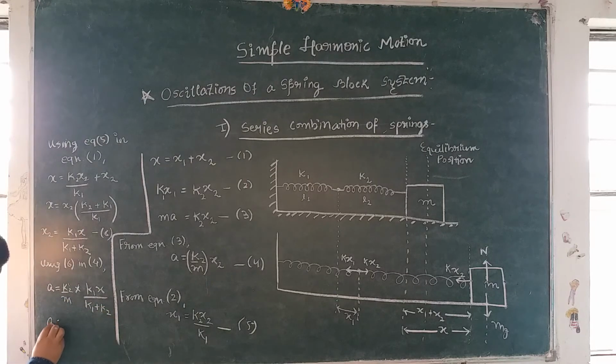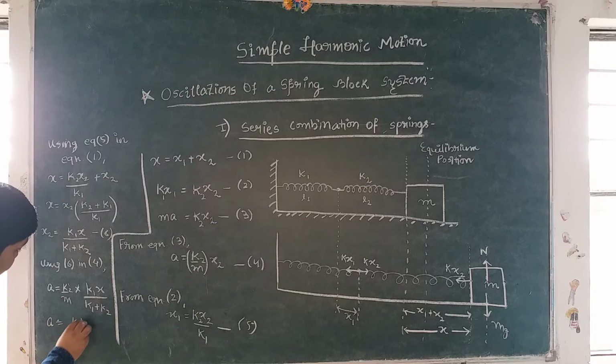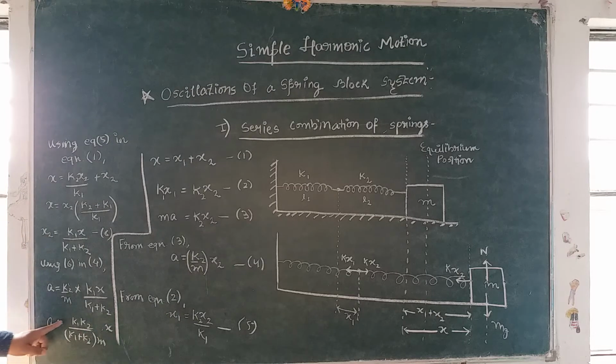So from here the value of A comes out to be K1 K2 upon K1 plus K2 into M, and this is x. So you can see that now the acceleration of the block is proportional to x. So this equation corresponds to the general equation of SHM.